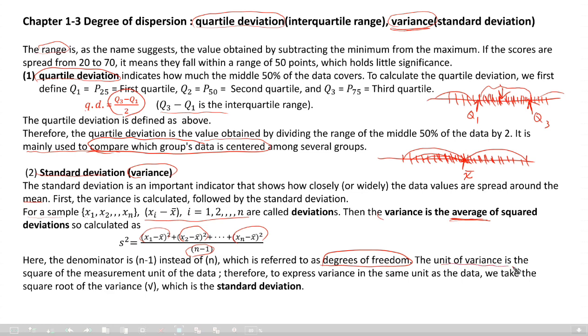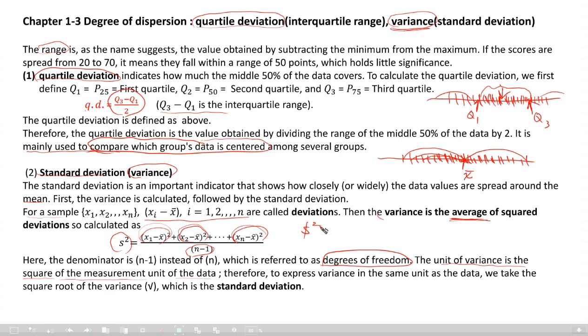The unit of variance is the square of the measurement unit of the data. If the data unit is dollar, then deviation has dollar unit, but squared deviations have dollar-squared unit. So variance will have dollar-squared unit.